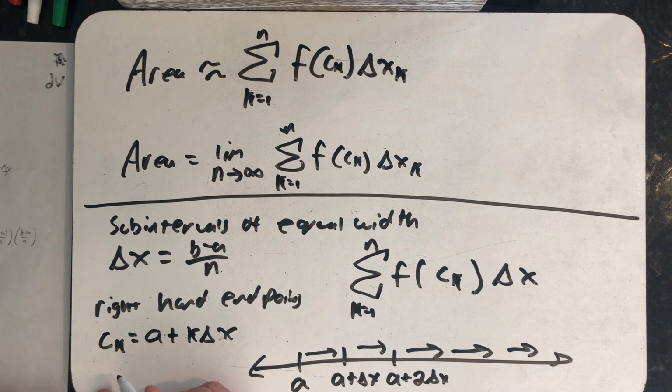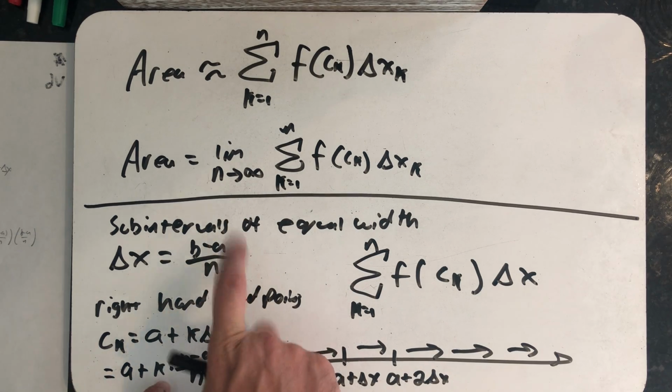And I usually just think about it like that, but we could go one step further and think about it as a plus k times b minus a all over n. And then I could write down my formula for the Riemann sum with this in place of c sub k and with this in place of delta x.